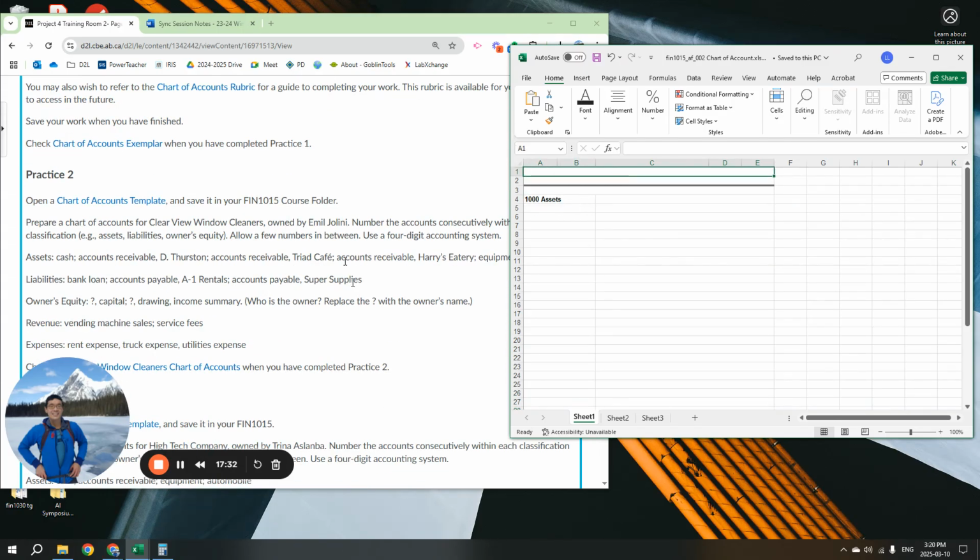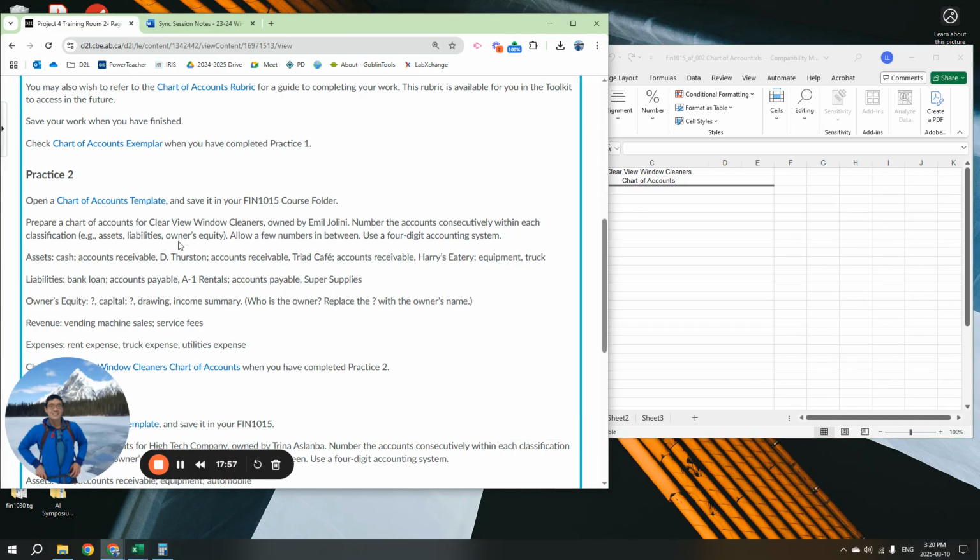Again, we're going to need to title this. This is the chart of accounts for Clearview Window Cleaners. So 1000 is the asset. We're going to have a 4-digit accounting system.